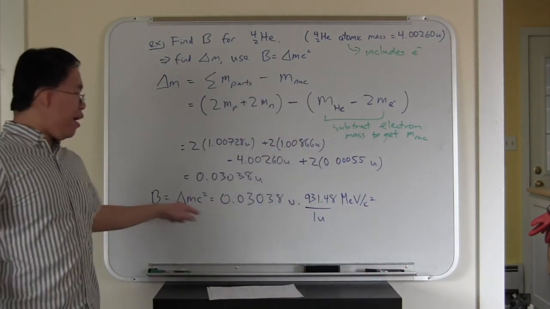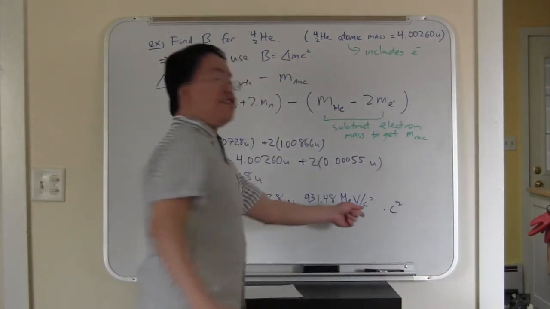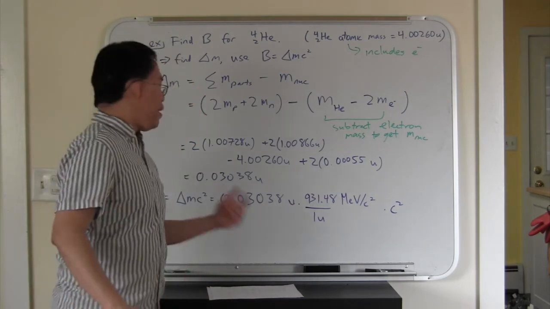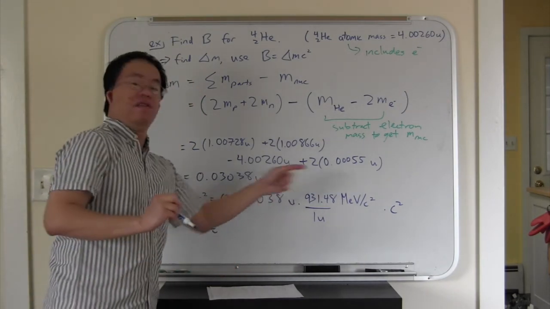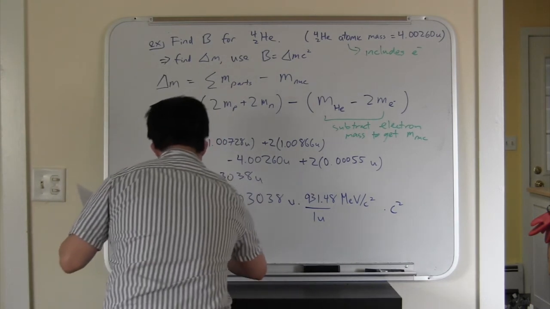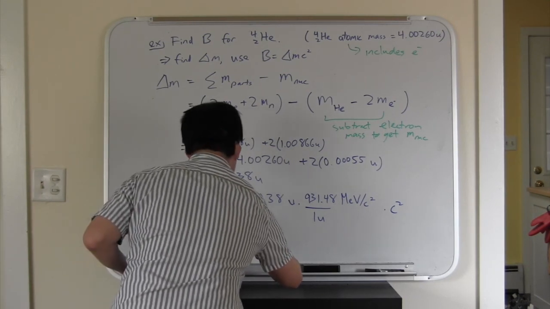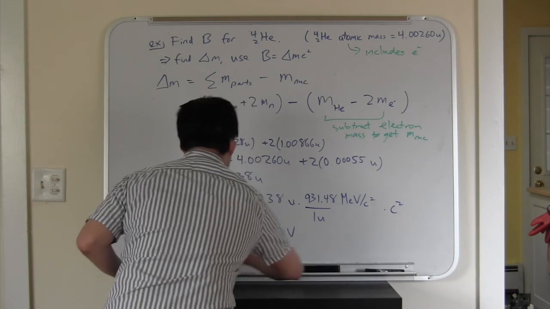When I multiply by c squared at the end, that just cancels in the unit. I just multiply these two numbers, and I get 28.299 mega electron volts.